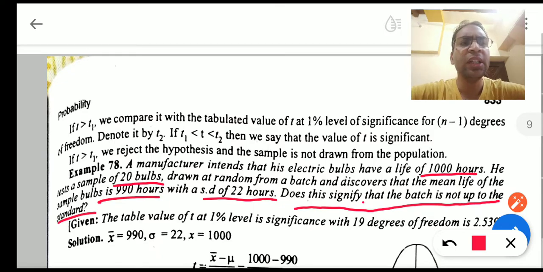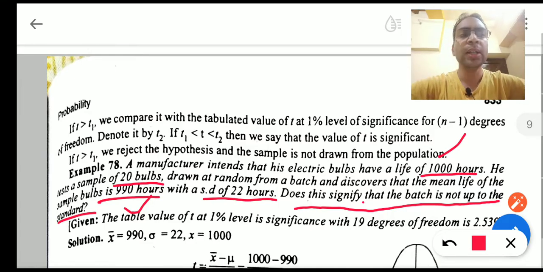Obviously, looking at the data, it may arise in our mind that the intended life of the bulbs was 1000 and the sample's mean life comes to 990, which is lesser than 1000, so the sample is not according to the standard. So now let's test this hypothesis.